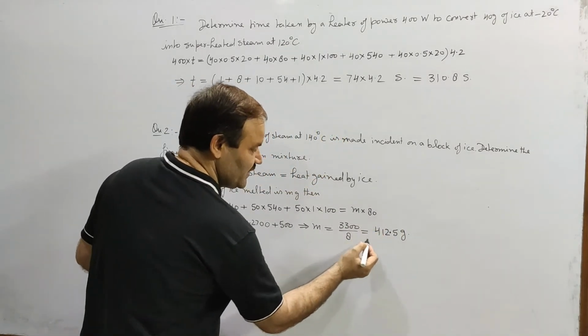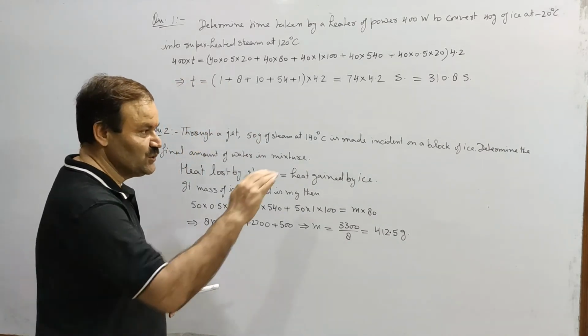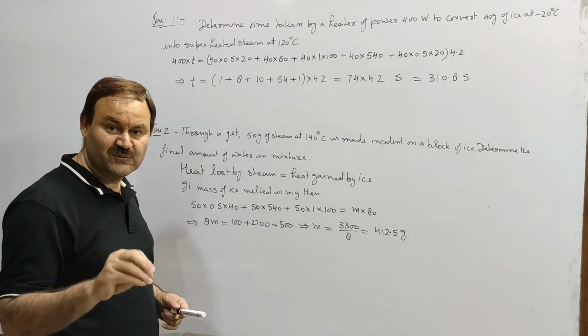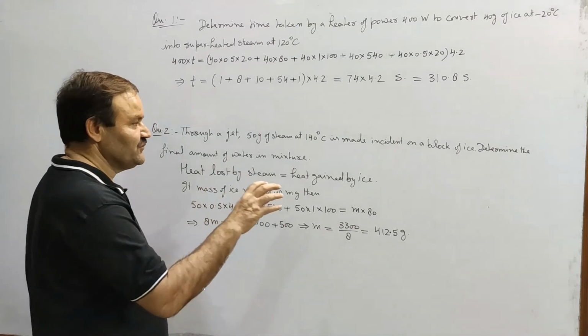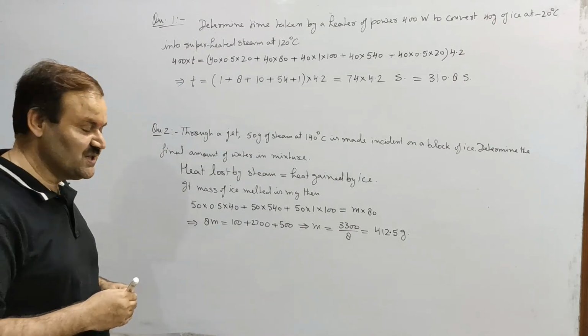Thus 412.5 gram of water will be formed due to the melting of ice from the block, while 50 gram of water will be formed due to the condensation of steam.